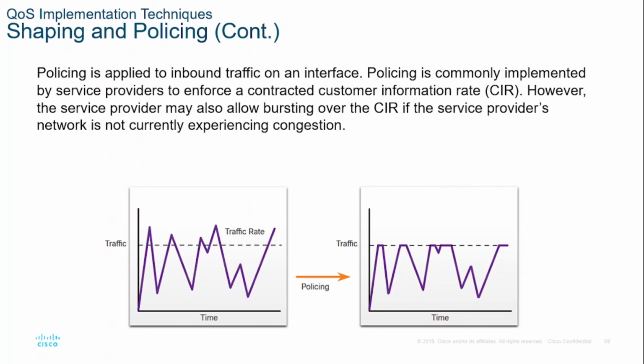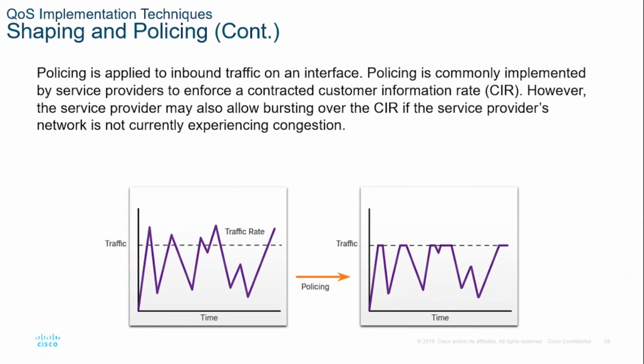In the congestion avoidance figure, we have Q full, maximum threshold, minimum threshold, and Q empty. At Q full there are full drops, at the maximum threshold there are percent drops, and at the minimum threshold there are no drops.